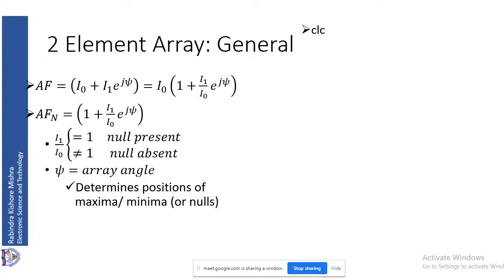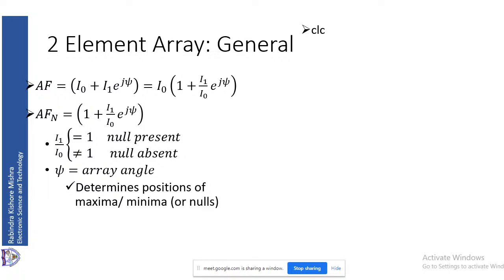I am starting with CLC. MATLAB has two windows: one is the program window or script window, the other is the command window. Whatever you write remains in the script window, but once you start running the program, each line comes to the command window.